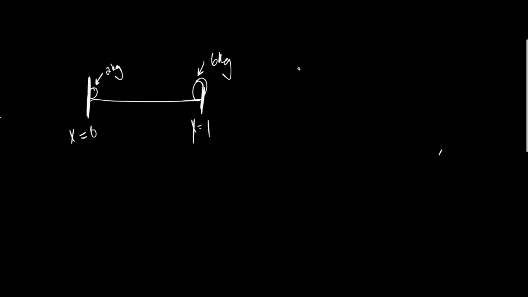So again, we're going to use the same formula, which is the summation of our mass times the position, all over the summation of the total amount of mass, and this is going to give us our center of mass for our x component. And we only have to worry about our x component because we're not given a y-axis, so this is just a one-dimensional plane.